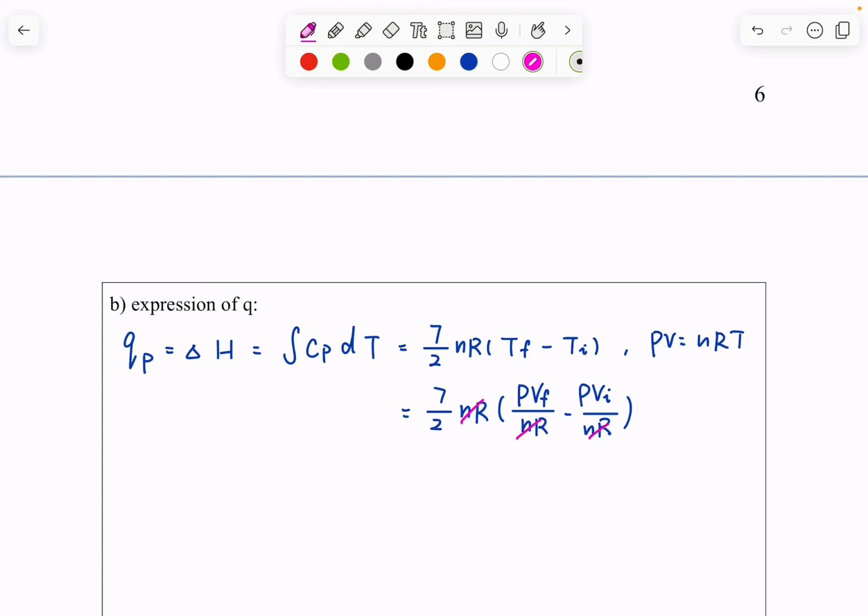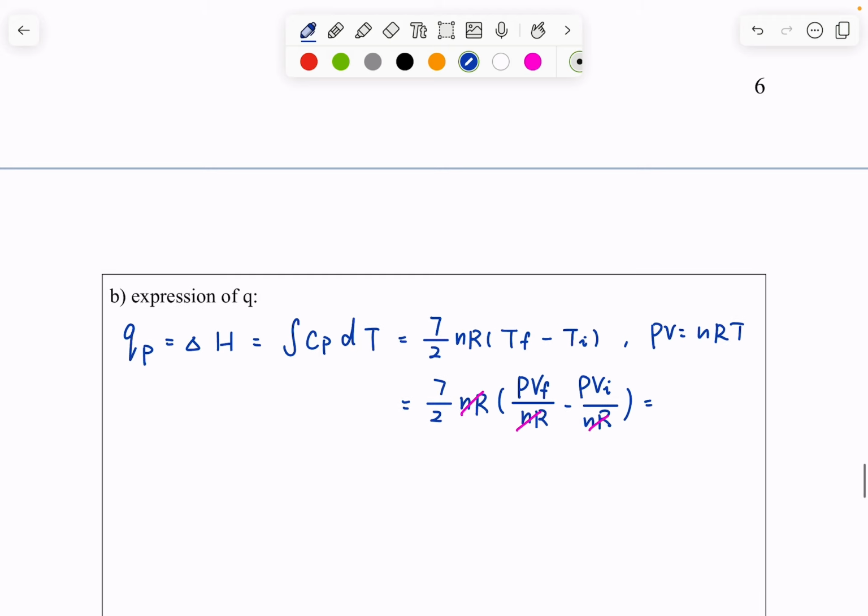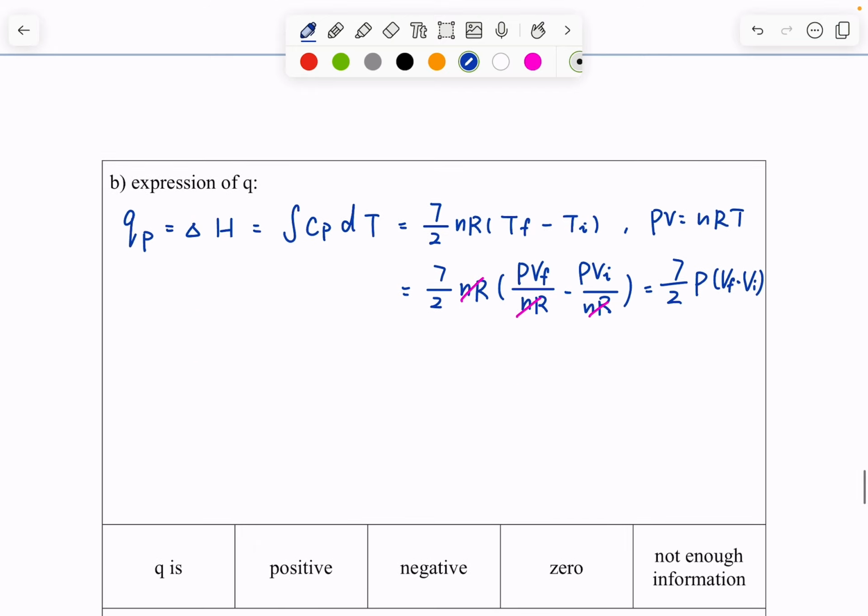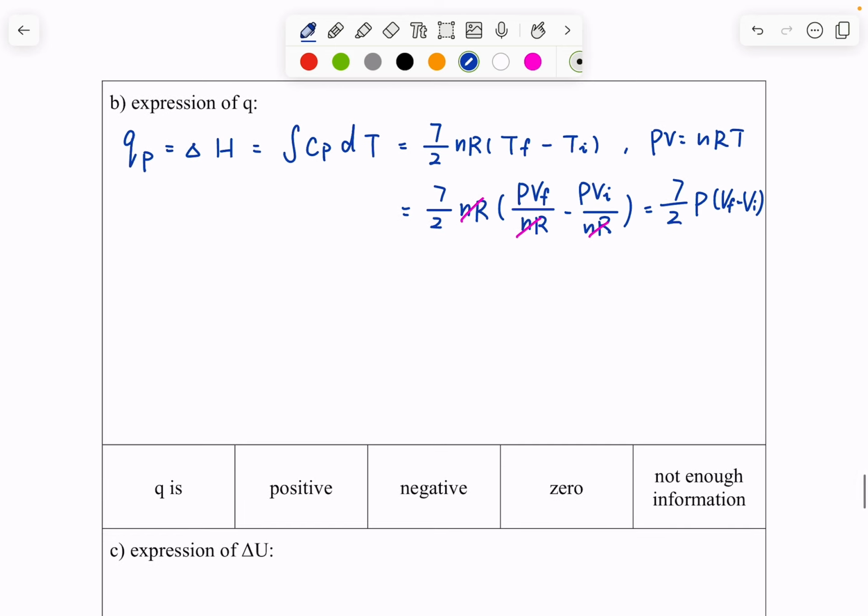So my nR cancel out, my pressure is constant. My Qp equals 7/2 times P times V final minus V initial. And since V final minus V initial is negative, my Q must be negative.